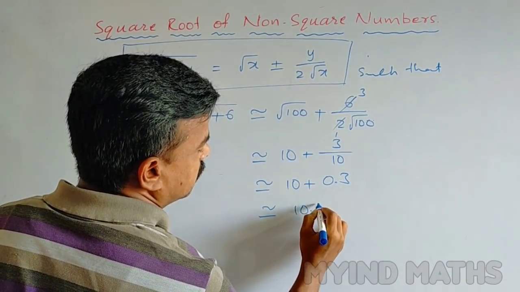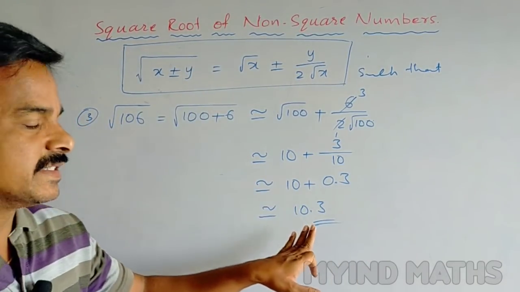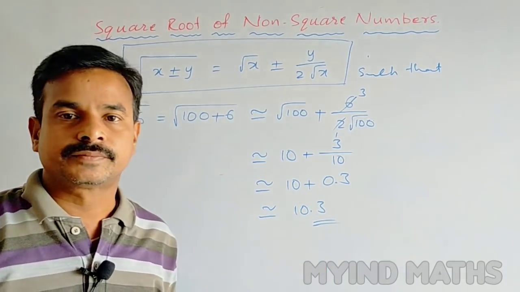So 10.3 is the answer. The approximate value of square root of 106 is 10.3.